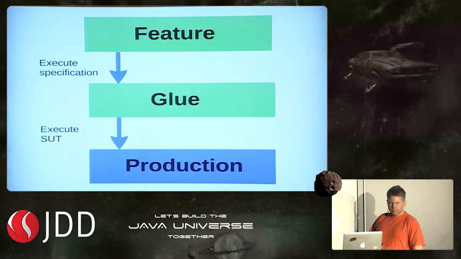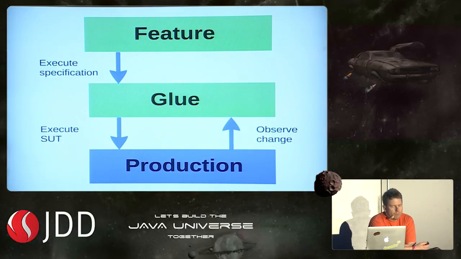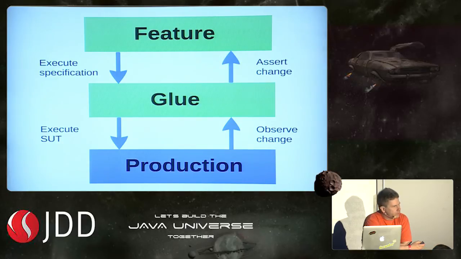Okay, so we execute the specification. Therefore, we try to run the system under test. We try to observe some kind of change, looking at messages or return values, some kind of change that we can observe. And then we assert that change. So this feature will pass or it will break.